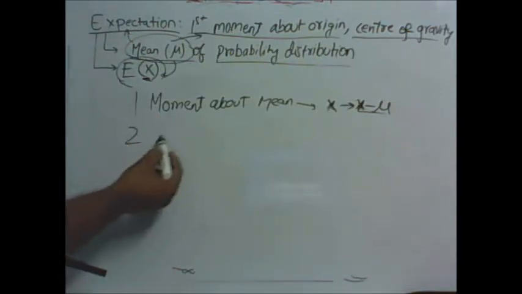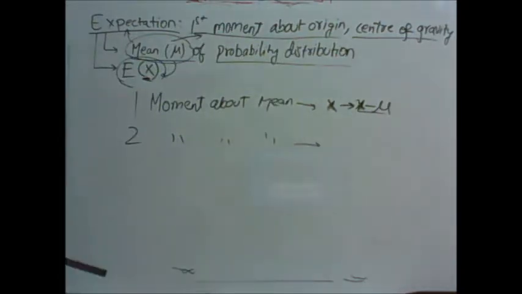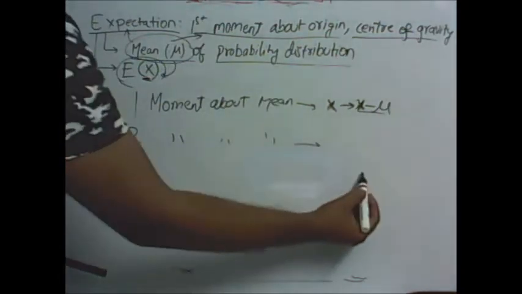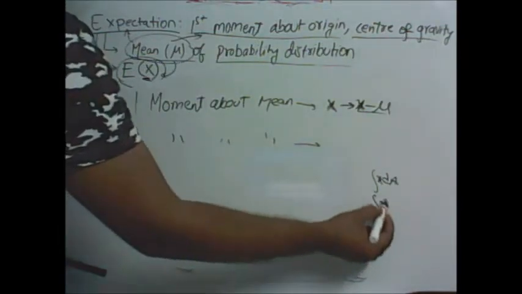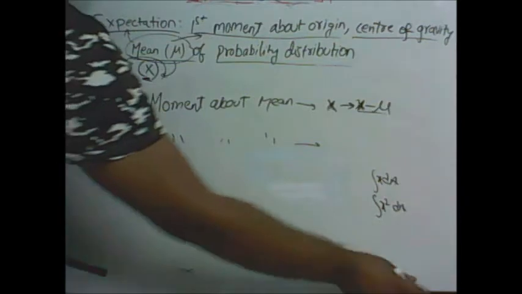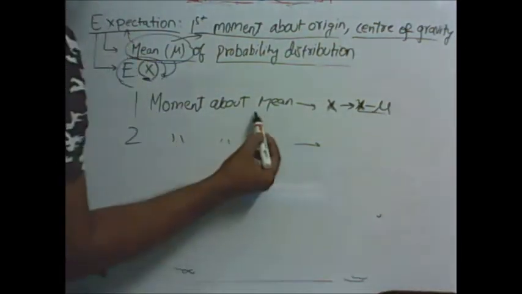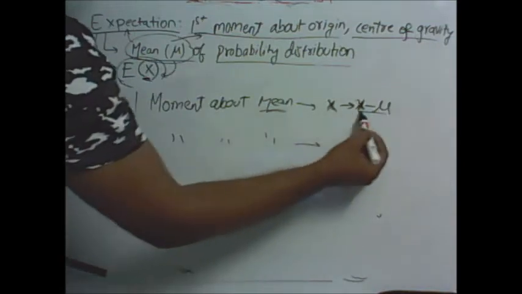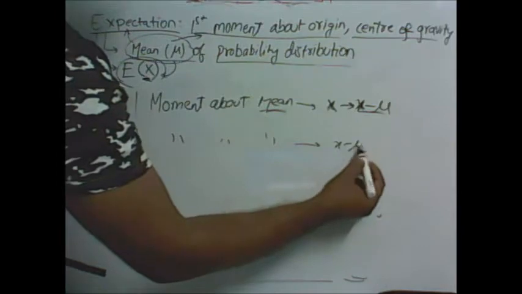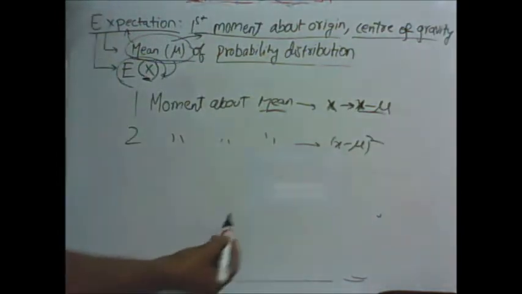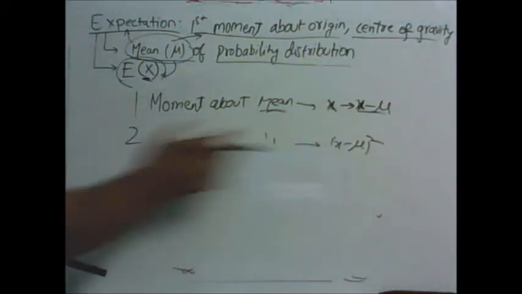For the second moment, we have read at intermediate plus 1, plus 2 level: the first moment is integral x dA, and the second moment is integral x square dA. Similarly here also, second moment, but about the mean. So instead of x we have to write x minus mu, and we will use x minus mu whole square in the second moment.